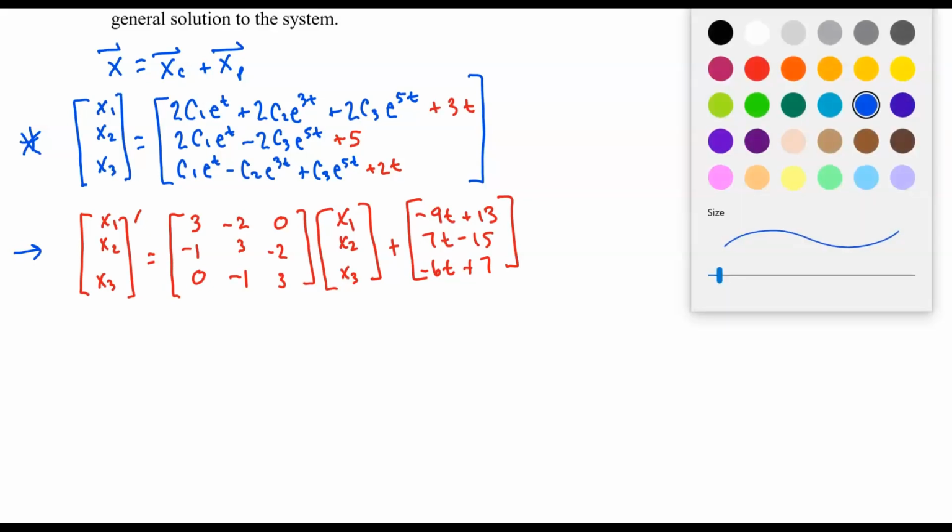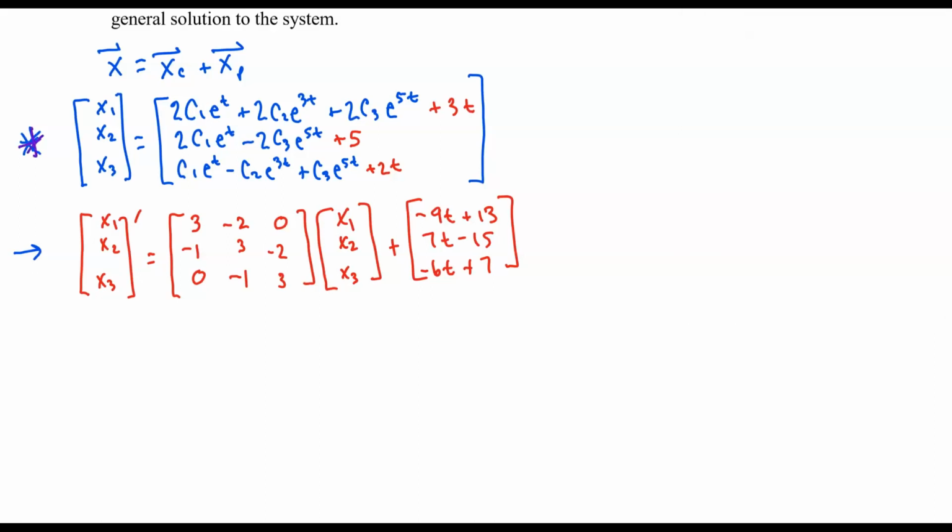So let's find the first derivative of our general solution up here. So I need the first derivative of these terms here. So finding the first derivative, row by row and term by term, we end up with something like this. Notice I'm just differentiating each term with respect to t.